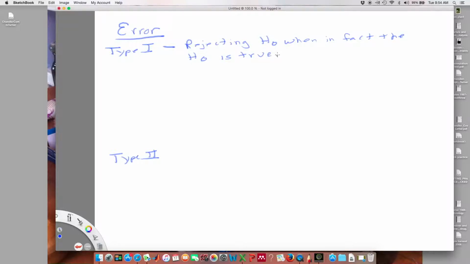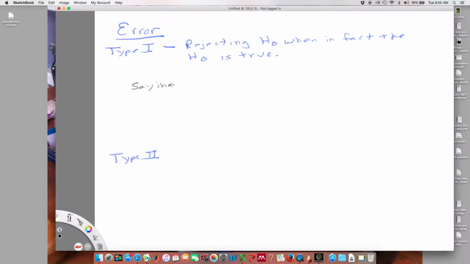So type 1 error is when we reject our null hypothesis when in reality the null hypothesis is true. Now, that's always a little bit confusing to me, so let's talk about an easier way to state that. An easier way that I like to say this is a type 1 error is saying there is a difference among means when in reality there is no difference.